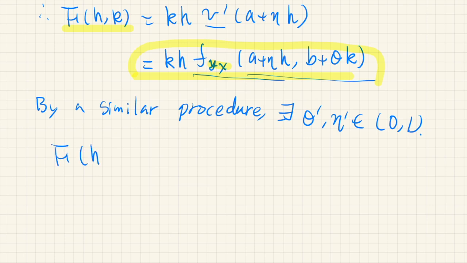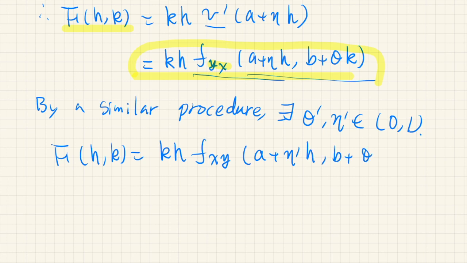The same f of hk can be expressed as kh and fxy instead of yx, at a plus eta prime h and b plus theta prime k. Right? Same logic.